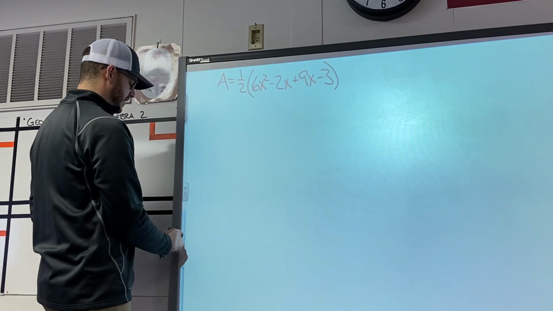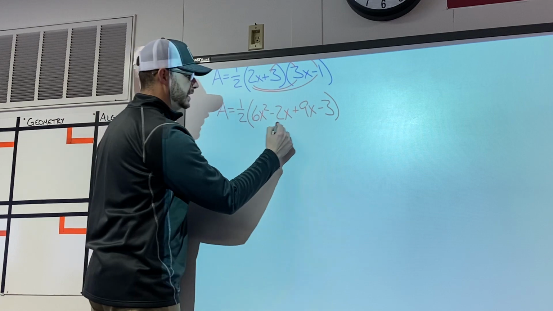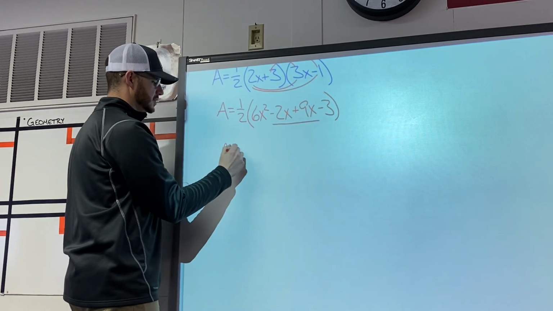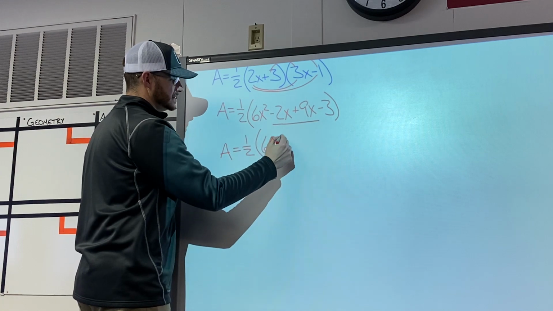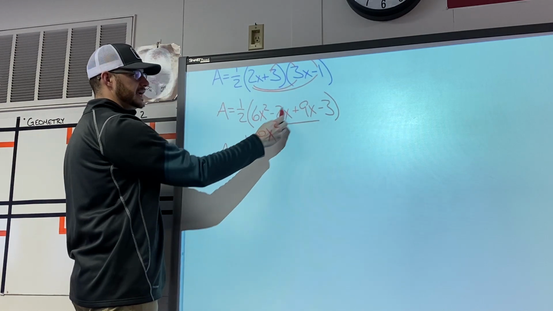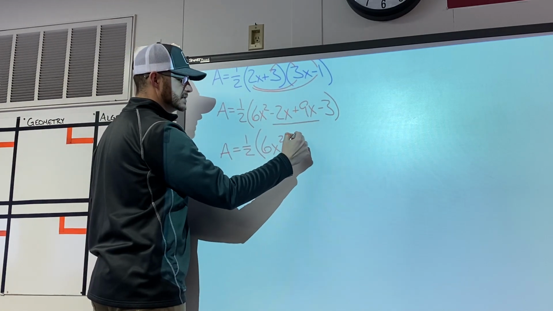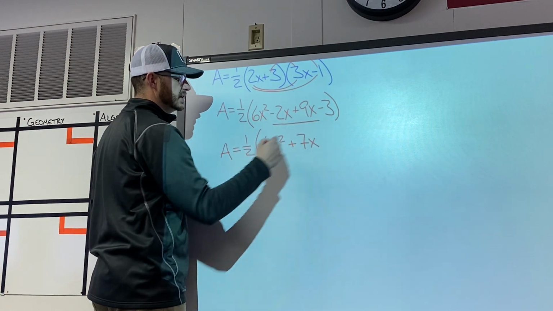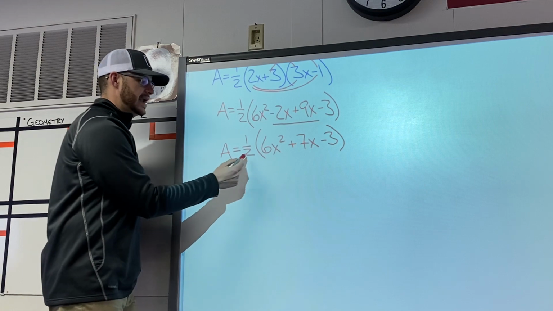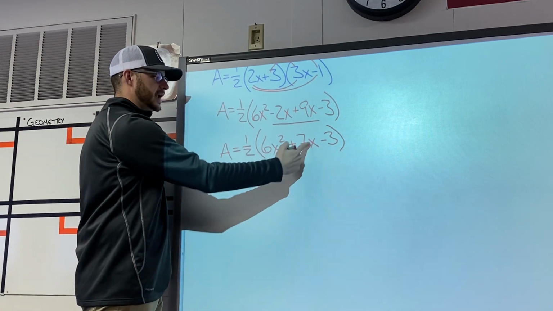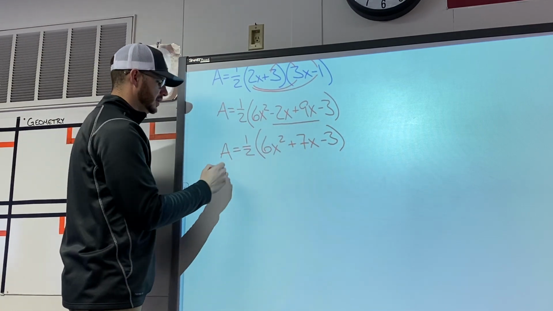Now, just like we've been doing, we need to combine our like terms. So we still have the area is equal to 1/2 times 6x squared, negative 2x plus 9x is going to give me a positive 7x, minus 3. Now we need to distribute this 1/2 into our polynomial.